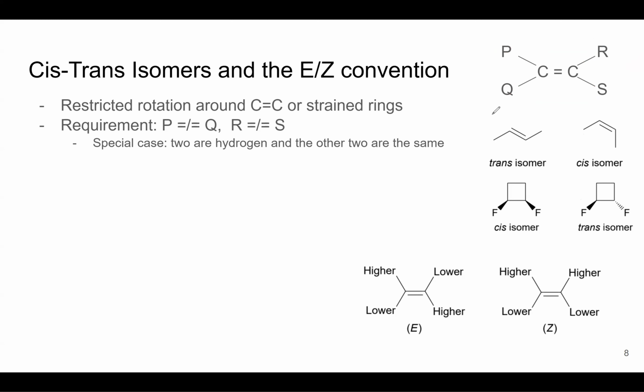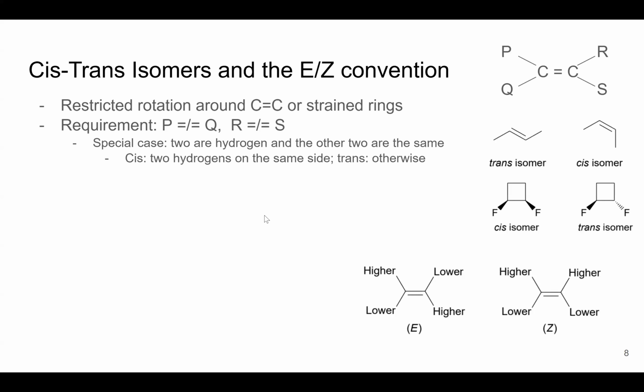The special case is basically here. You have two hydrogens here and two hydrogens here. Then you have two methyl groups here and here. When the two methyl groups are opposite to each other, they're called trans. And when the two methyl groups are on the same side of the C=C bond, as in when you draw this, they're on the same side, then they are called cis.